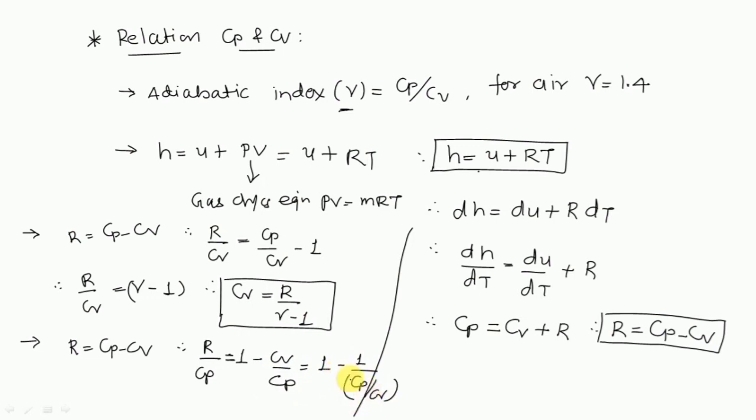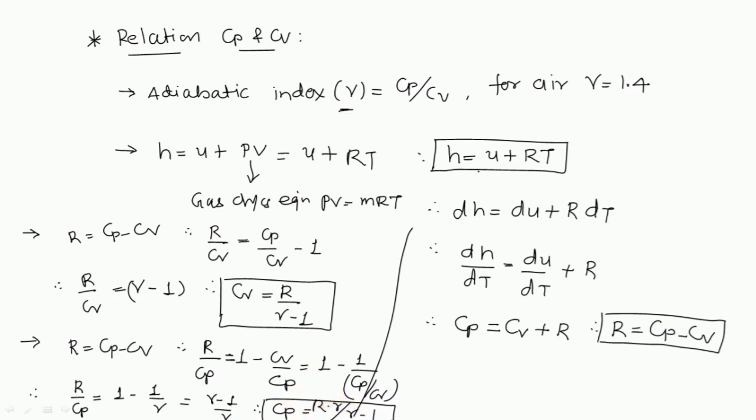So R upon Cp is equal to 1 minus 1 upon gamma, because Cp by Cv is the adiabatic index. Rearranging, taking the LCM, gamma minus 1 upon gamma. So finally Cp is equal to R into gamma upon gamma minus 1. This is the second relation between Cp, R and gamma.